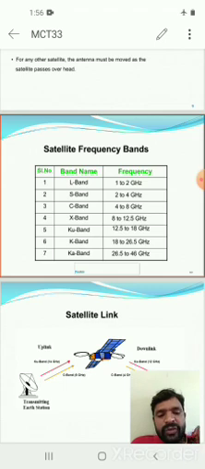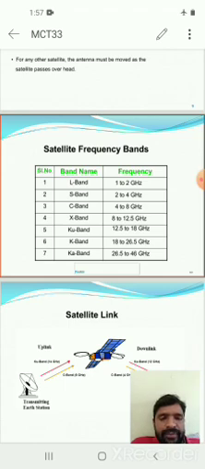The total frequency band is divided into some groups or categories. Some bands are used for particular applications. In this way, the total frequency spectrum of satellite communication is divided into bands.